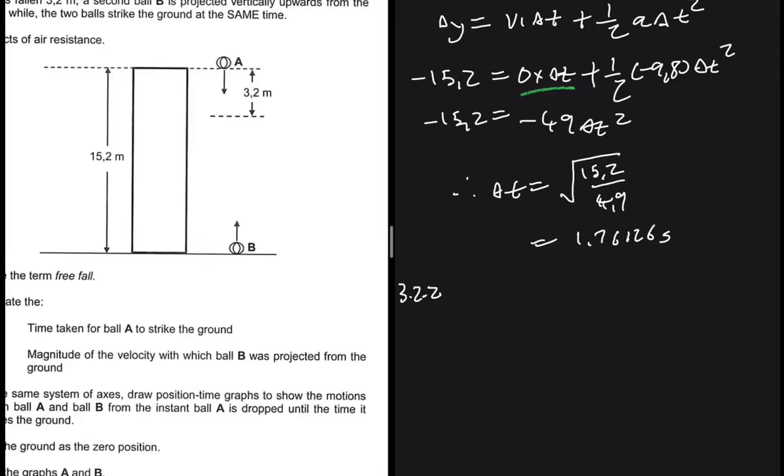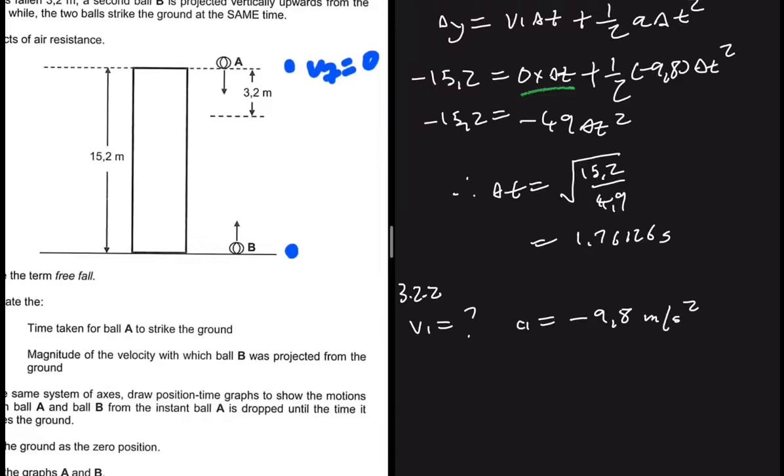So let's look at the information we have. We don't have Vi. If you take the motion from the time it was projected to the maximum height, you can say you have a Vf, which is equal to 0, right? But we don't know the maximum height also, because at this point, what we have is the initial velocity, which is unknown, and the acceleration, which is minus 9.8 meters per second squared. And then another thing we can calculate is the time for the motion of ball B, right?